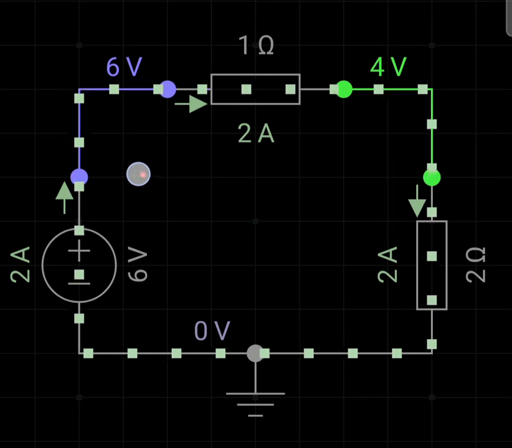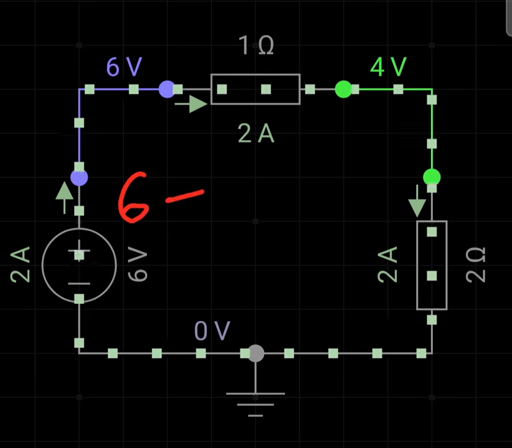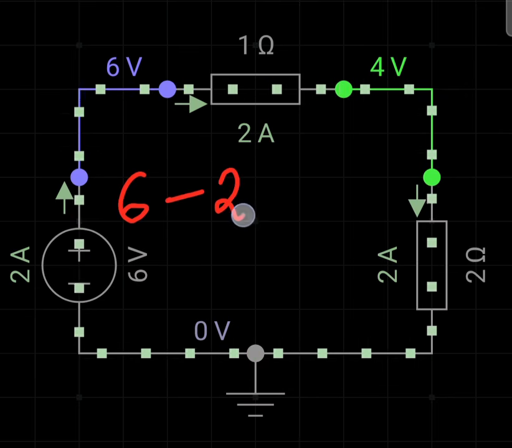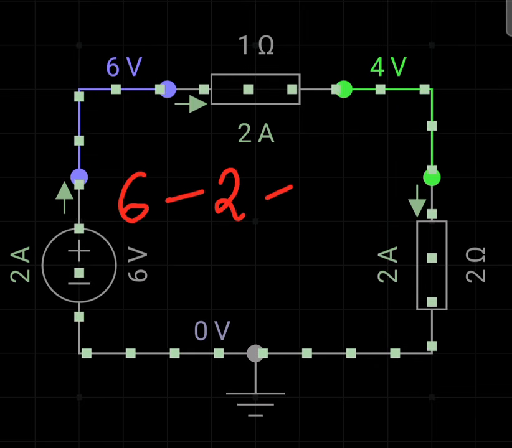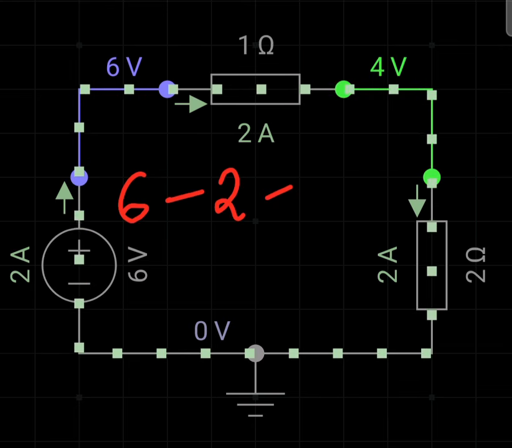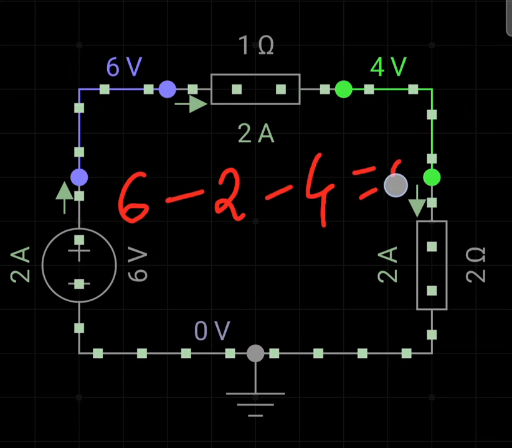So you start with 6 volt minus the voltage drop across the 1 ohm resistance, which is 2 volt, minus the voltage drop across this 2 ohm resistance, which is 4, is equal to 0.